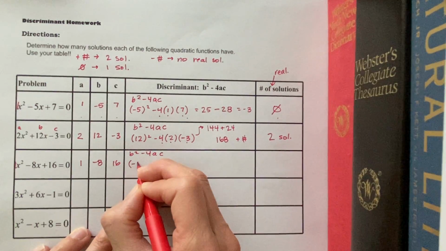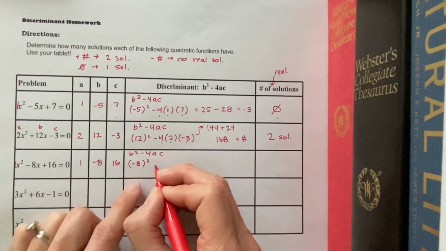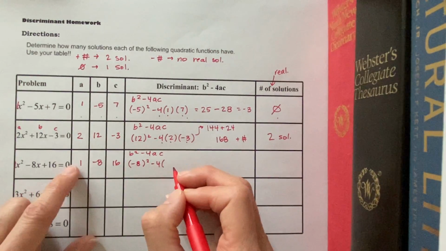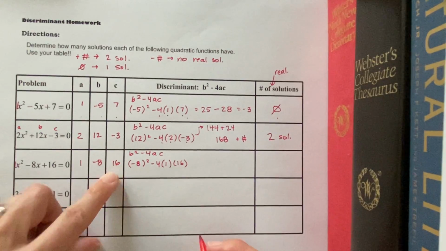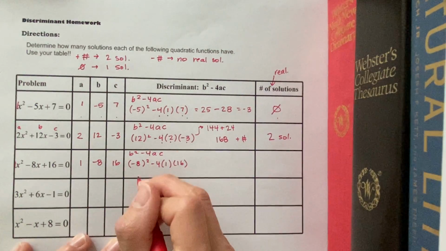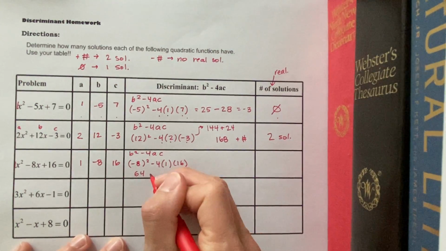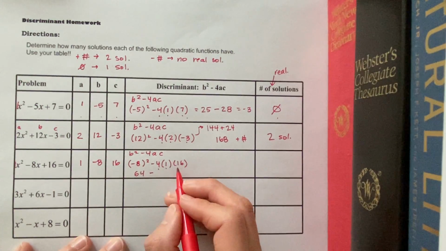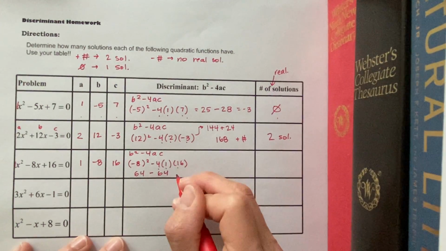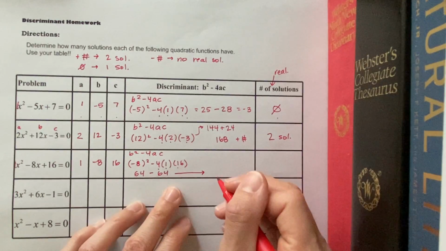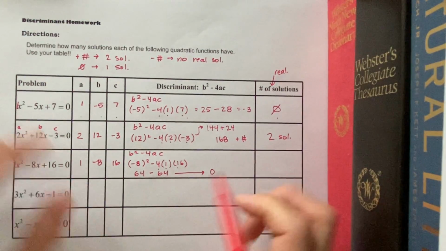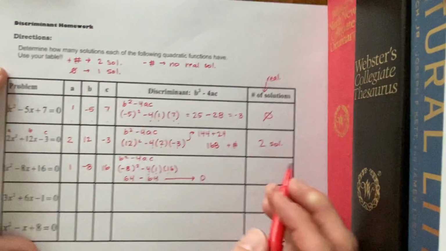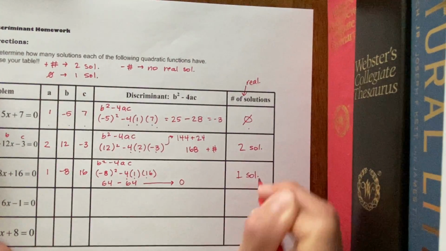So in for B goes -8 squared minus 4 times 1 times 16. -8 squared is positive 64. Minus 4 times 1 is 4, times 16 is also 64. 64 minus 64 is 0. So if my answer is 0, that means I have 1 solution.